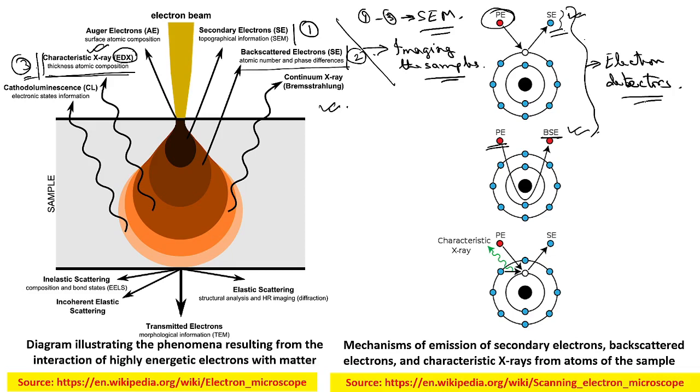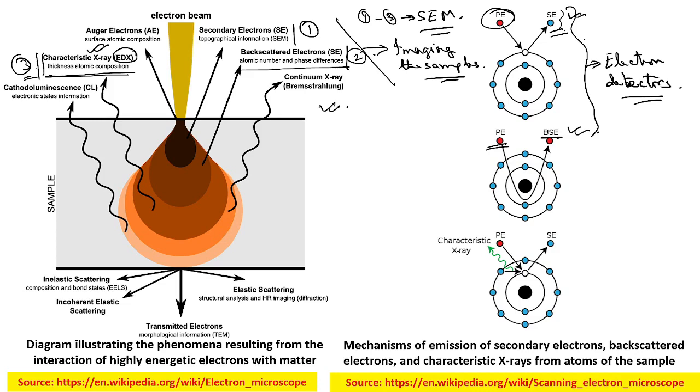Capturing of the secondary electrons and the backscattered electrons is done by the same detector. So how does the detector find out whether the electron is a secondary electron or a backscattered electron? Anyone?